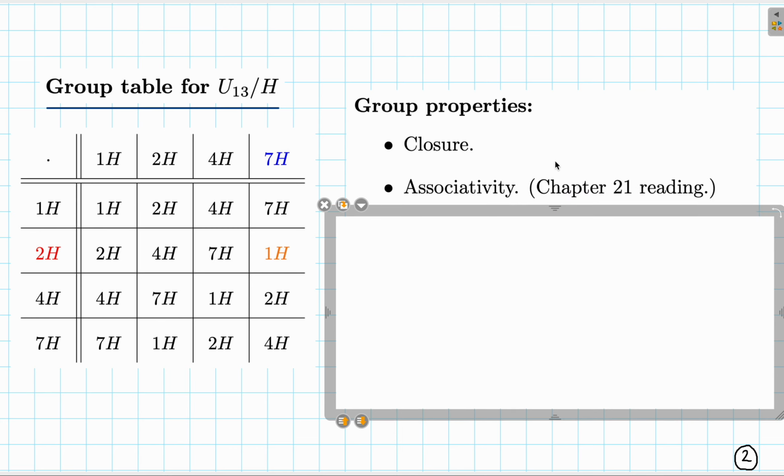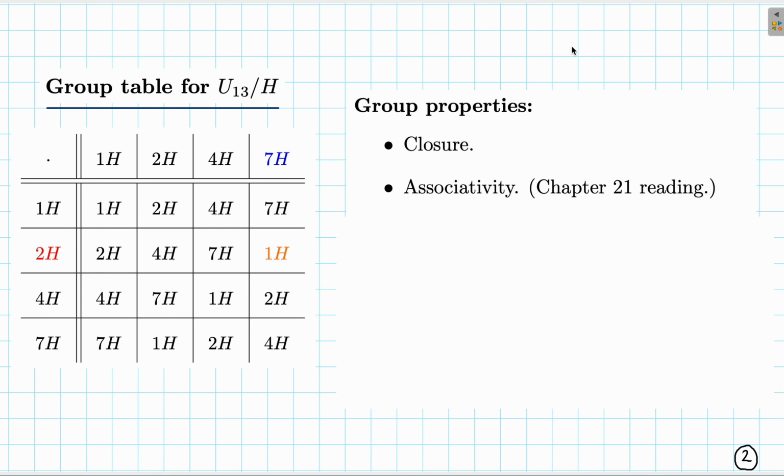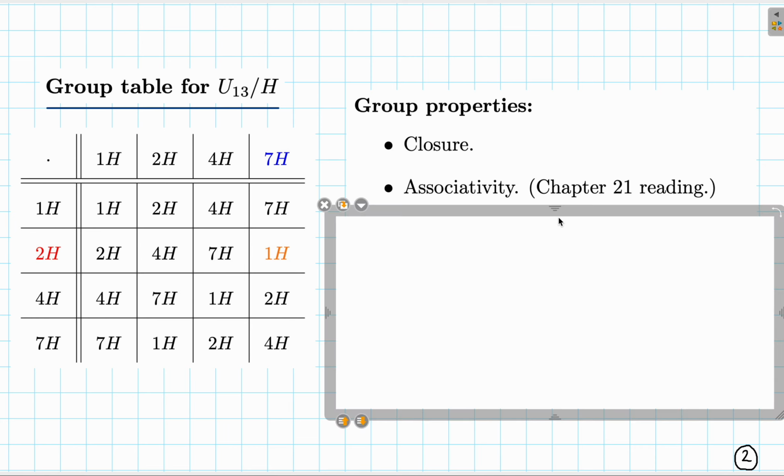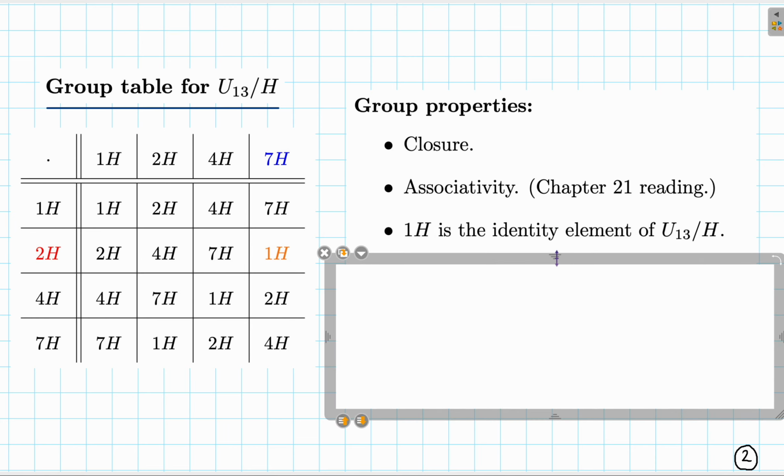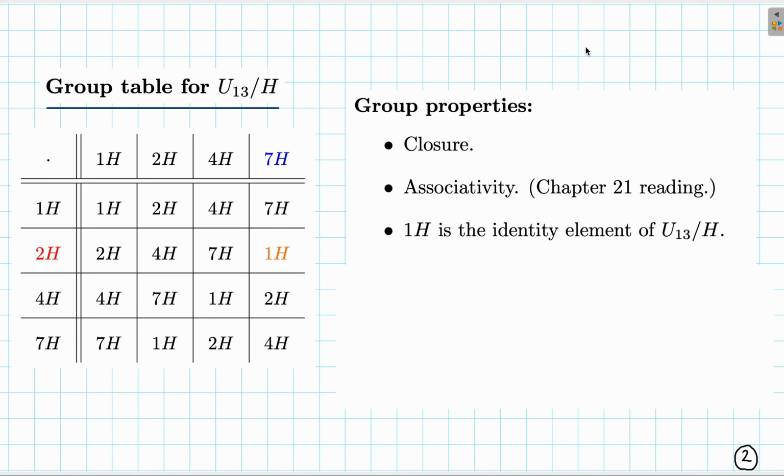Associativity, as I mentioned at the last lesson, please check out the Chapter 21 reading to see why coset multiplication is in fact associative. The identity element is 1H, and we can see that by looking at the first row of the table and the first column of the table. In other words, multiplication by 1H doesn't change anything.